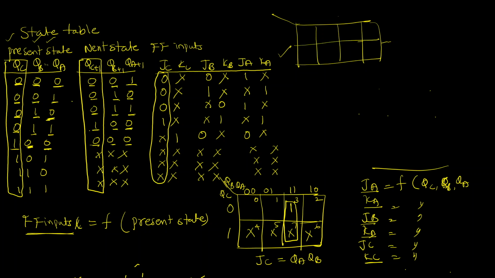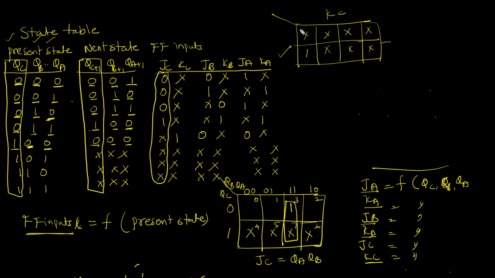Let's say it is for KC. For the KC values you see here: don't care, don't care, don't care, don't care; 1, don't care, don't care, don't care. For 4 it is 1, and for the rest of the cases it is don't care.